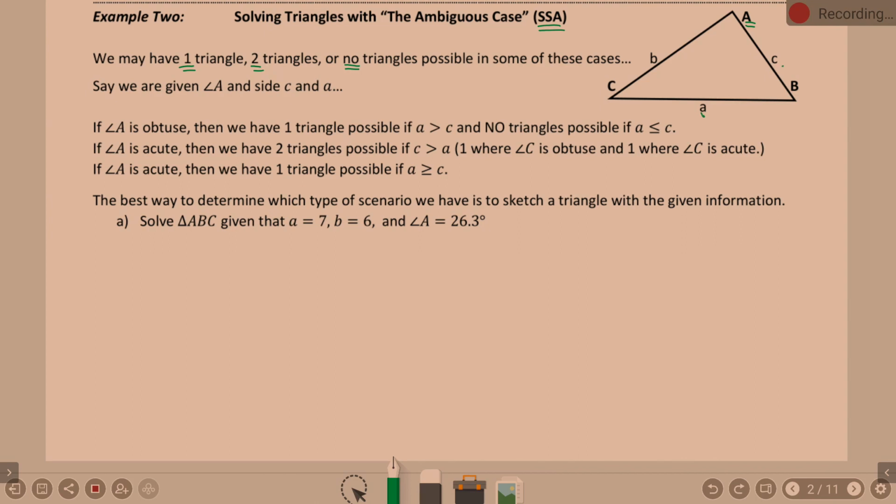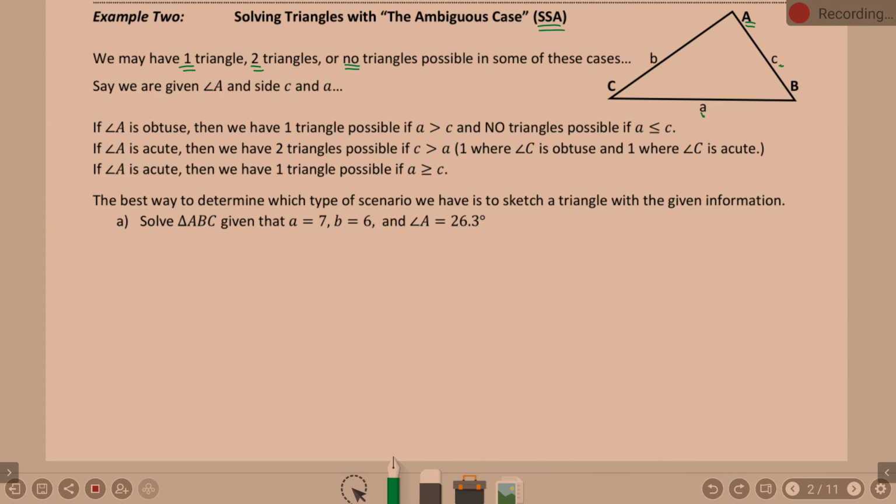Okay, and that comes down to if you have an obtuse angle, it would be the largest angle in the triangle, and the largest side has to be across from the largest angle. And so thus there would be no triangles if the reverse was true, where C was greater than A. In other words, if A is not the largest side across from the largest angle, then it's not possible.